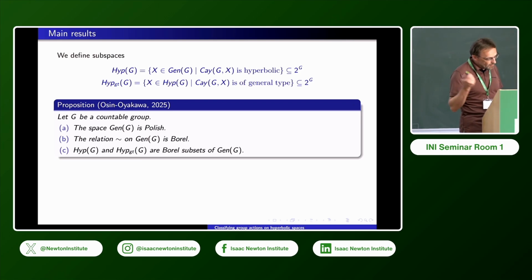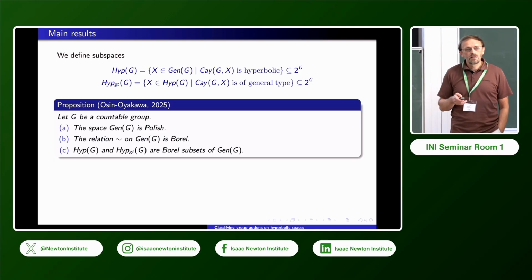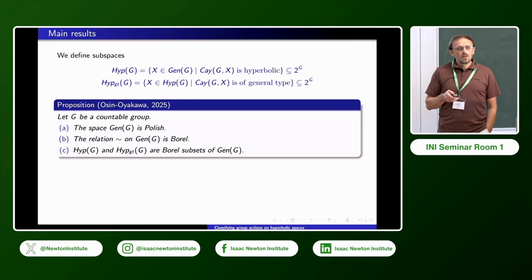Yeah. This is a very nice question. I mean, can you relate this classification with any kind of more geometric sounding classification between actions on hyperbolic spaces? You mean the equivalence relation, which?